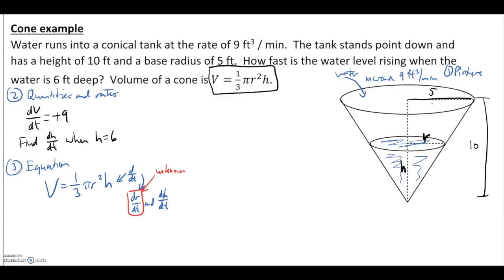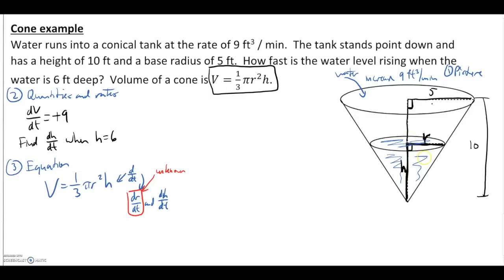And so this one takes a little bit of geometric thinking. What we're going to have to think is, at any point when we look at this diagram, the level of the water and its height forms a right triangle. And if this container gets all the way full, it forms a right triangle with one leg being 5 and the other one being 10, the radius of 5 and the height of 10.